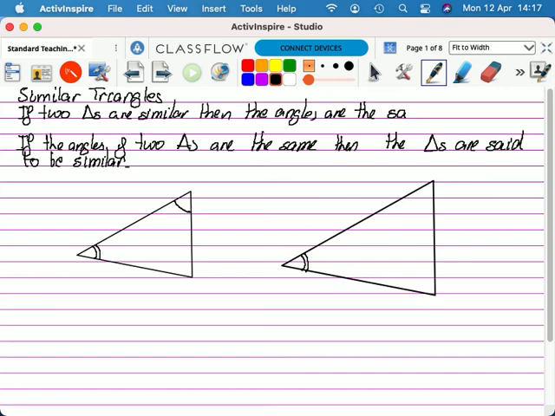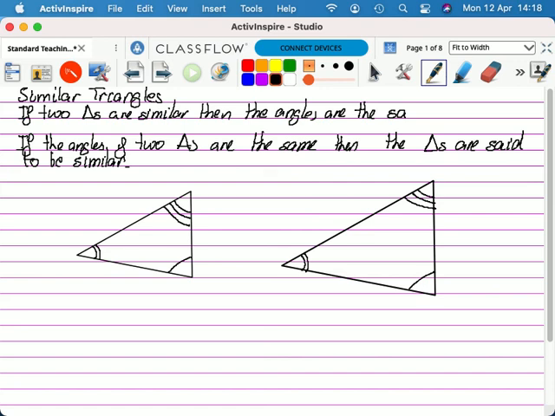We know that the angle at the top corner here, I'm using 3 lines, matches this angle here because we tested it. And then this final angle down the bottom is also going to be the same angle because we tested it. Because we know that all the angles in one triangle match all the angles in the other triangle, these two triangles are said to be similar.